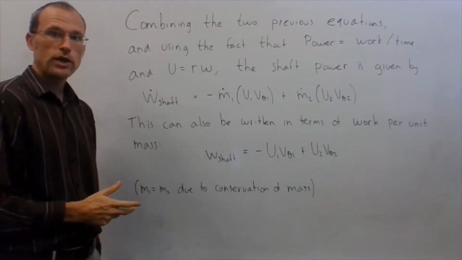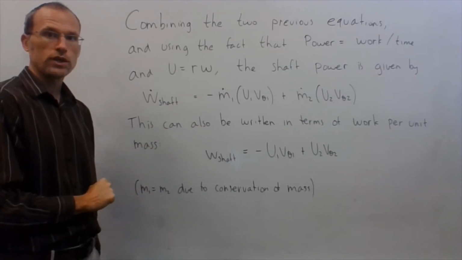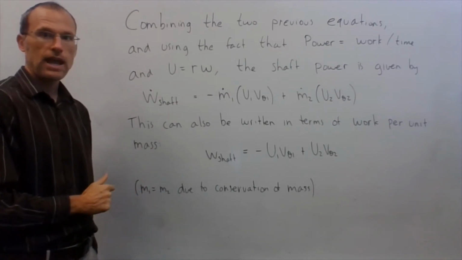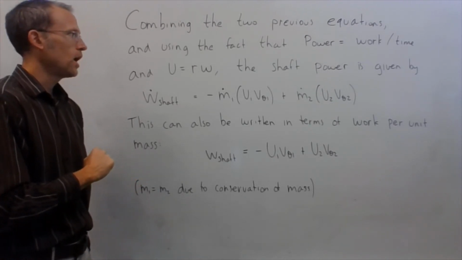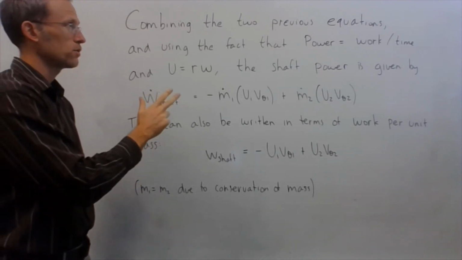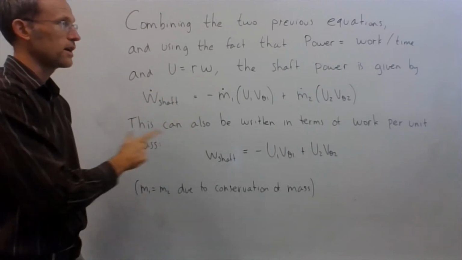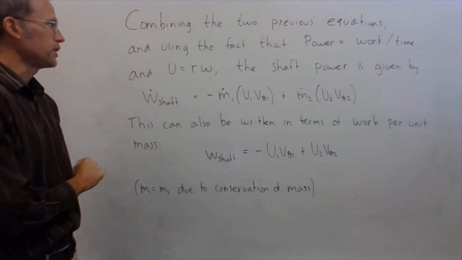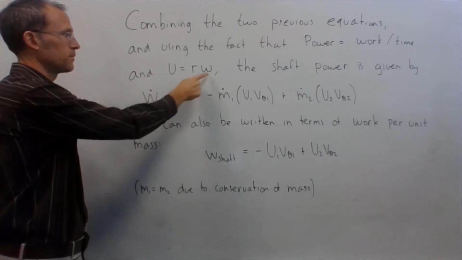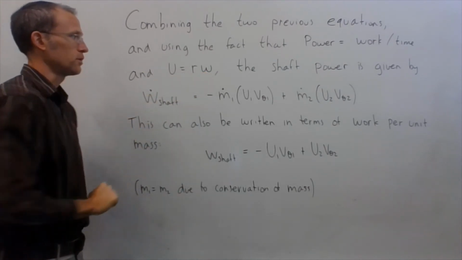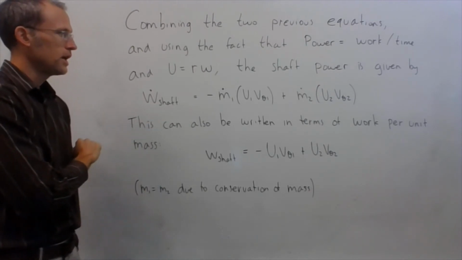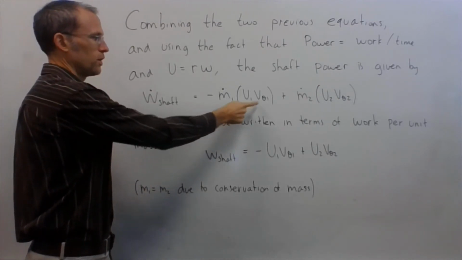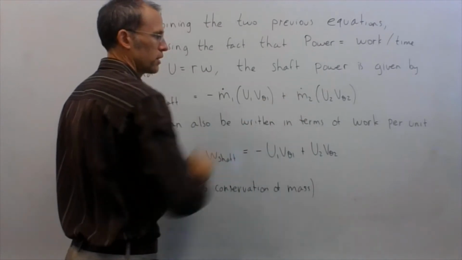Combining those two equations, the one we just had for the torque on the shaft and the relationship between torque and work, and also using the fact that power is work over time, so basically dividing that work equation by time and using R times omega as capital U, my shaft power, W dot shaft, is minus M1 dot U1 V theta 1 plus M2 dot U2 V theta 2.